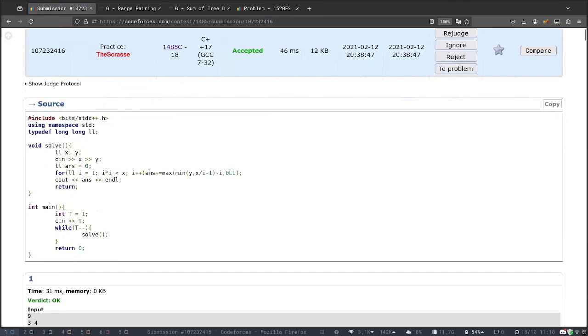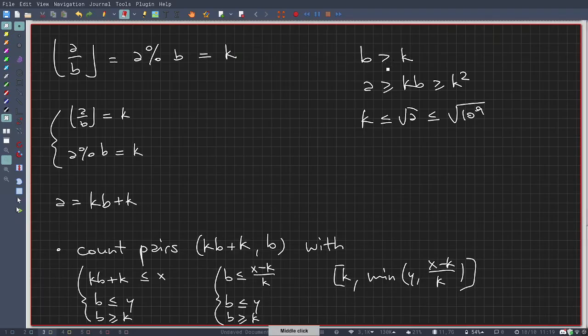Yeah, it's just this line. In this code, i is actually b. And we have that a is, actually I think it cannot be equal.